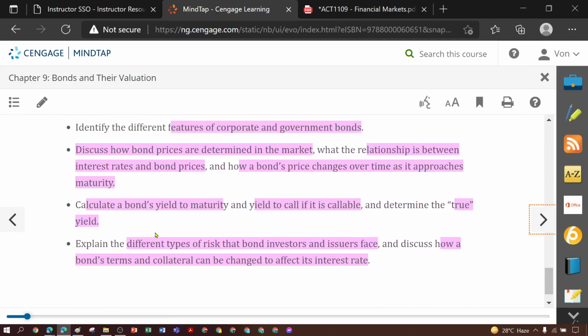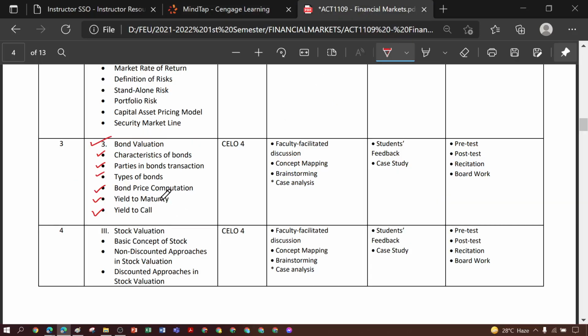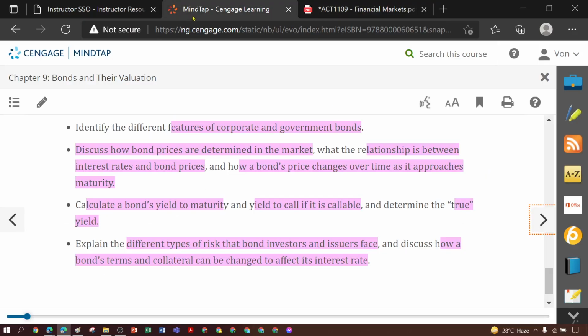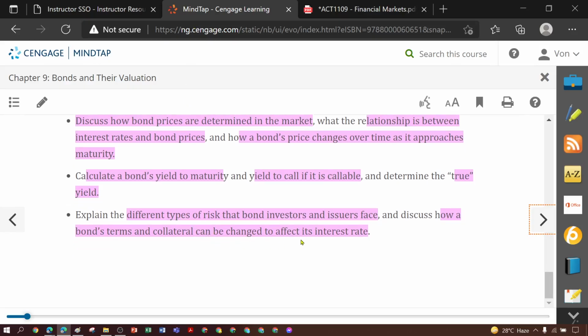Next, calculate a bond's yield to maturity and yield to call if it's callable, and determine the true yield. So, nakita mo na kanina dito, no? Yung yield to maturity and yield to call. Explain the different types of risk that bond investors and issuers face, and discuss how a bond's terms and collateral can be changed to affect its interest rate.